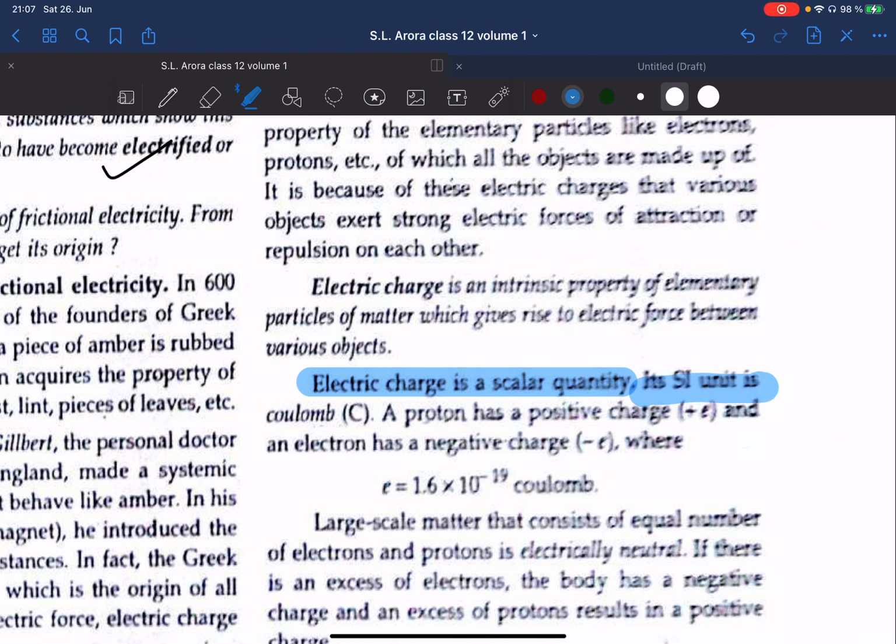The SI unit is Coulomb. Don't worry, guys, I'll explain it to you. I am not just going to read the theory like your teachers; I'm going to try to put it in your head also.